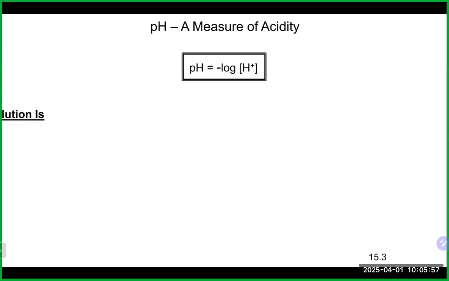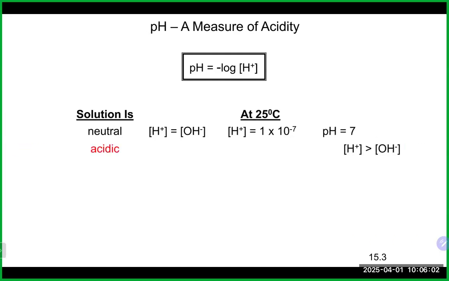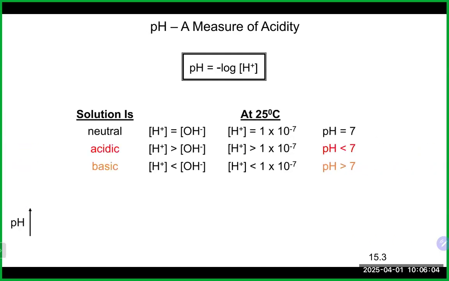All right, so now let's talk about pH and the pH scale there. The pH scale runs from 0 to 7 to 14. And below 7 is acidic.